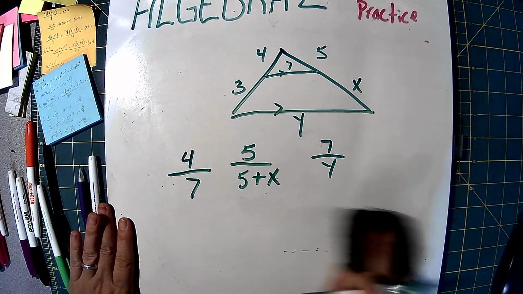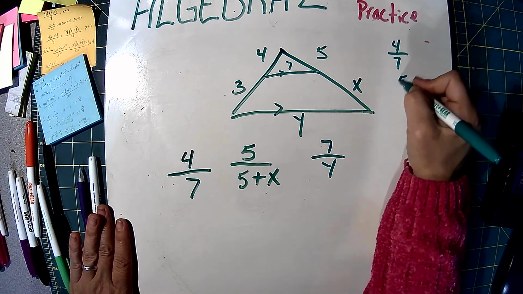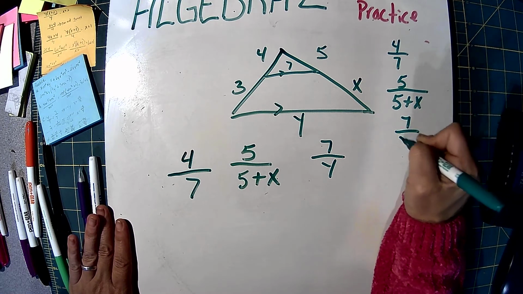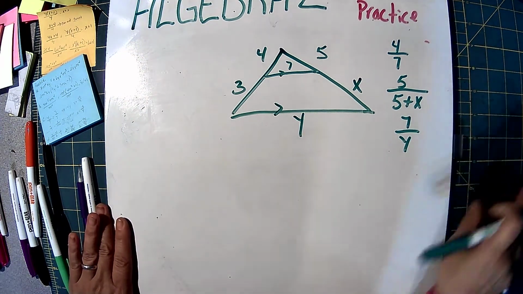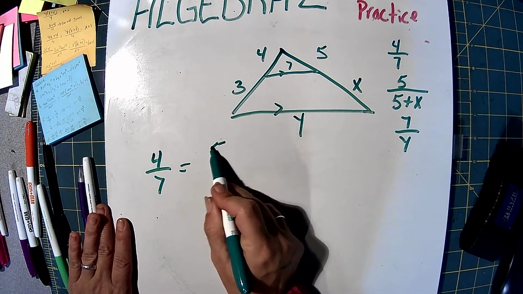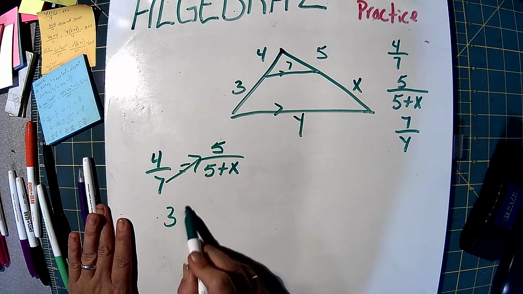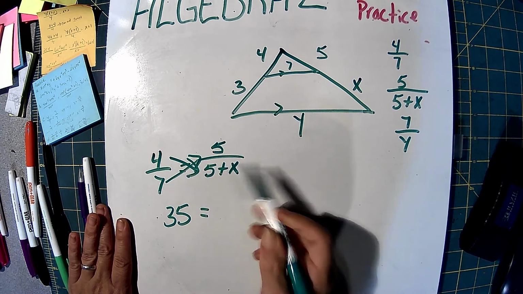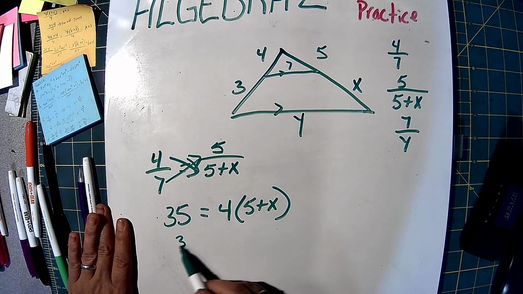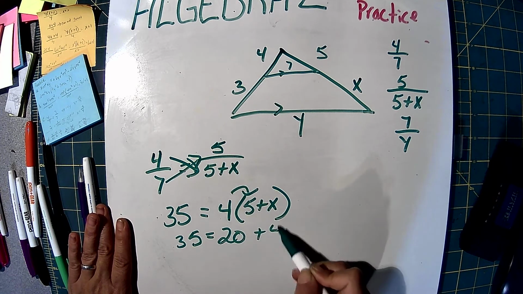Here, let me write these up here. 4 to 7, 5 to 5 plus x, and then 7 to y. That'll give us some more room. Now 4 to 7 is 5 to 5 plus x. We cross multiply and we get 35 equals 4 times 5 plus x, which is 20 plus 4x.